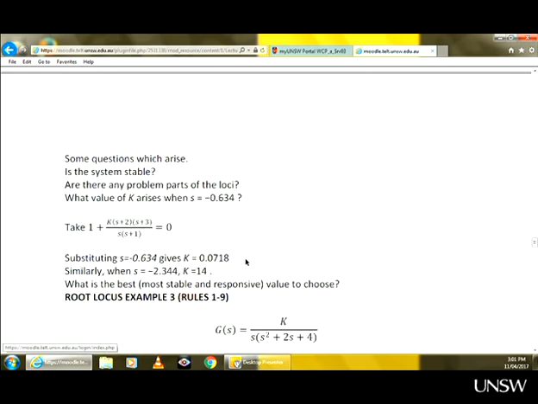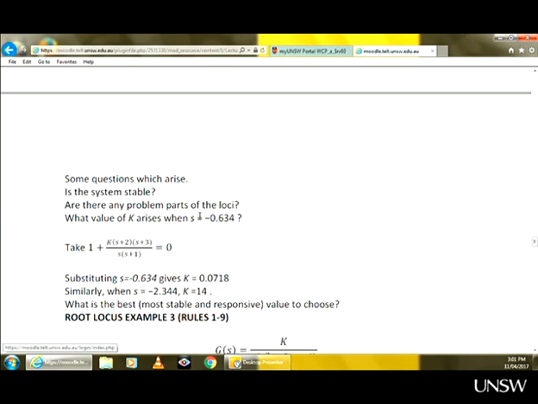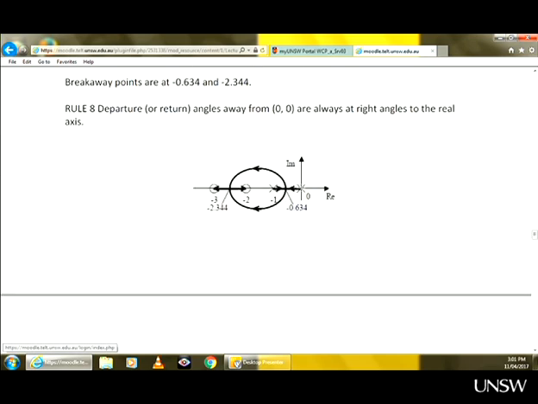Back to our characteristic equation. Now we know that in the first case, s equals minus 0.634; substitute, and you get the value of k, 0.0718. In the second case, when s equals minus 0.344, you'll find that k equals 14. And now you have a full picture before the break. When k equals 0, you have neutral stability because you have one pole on the imaginary axis.